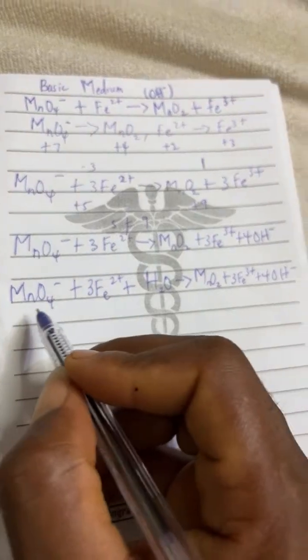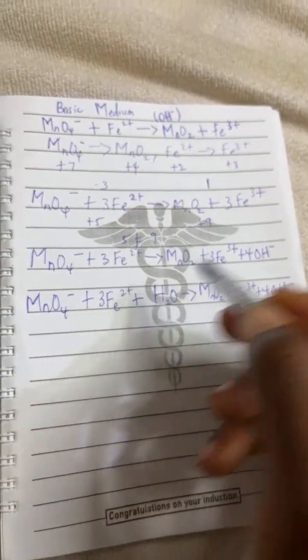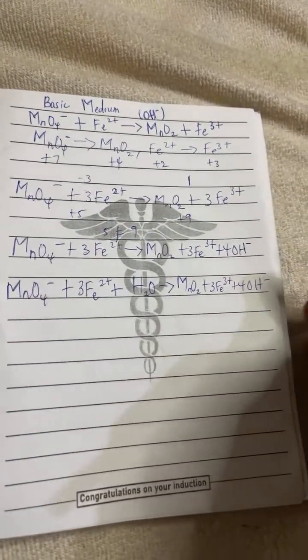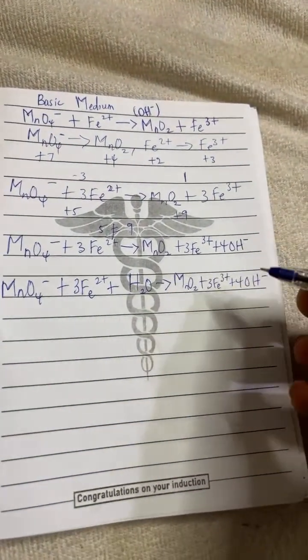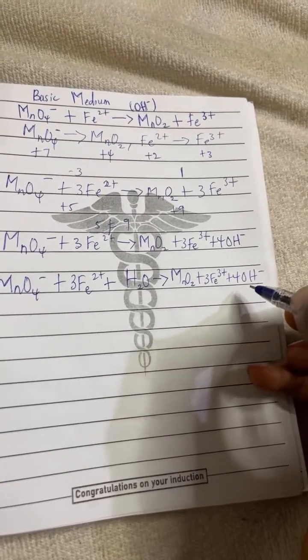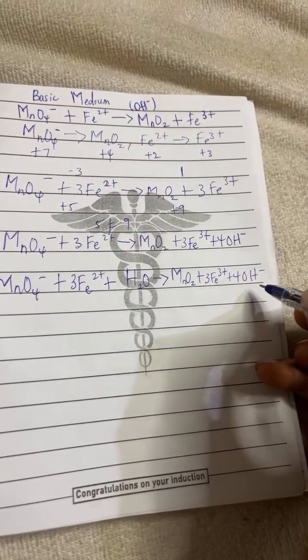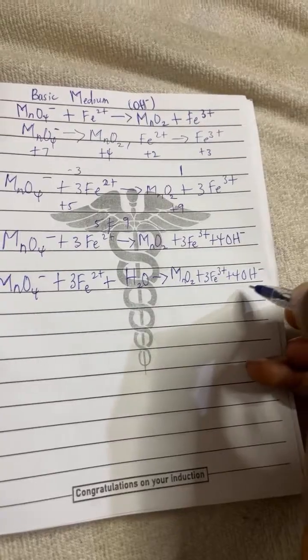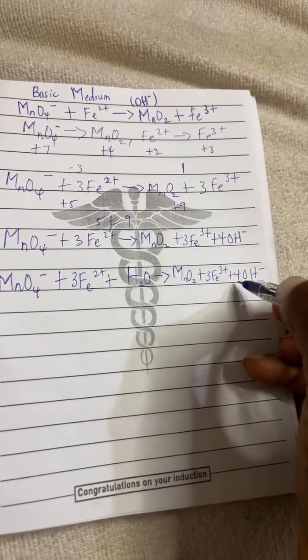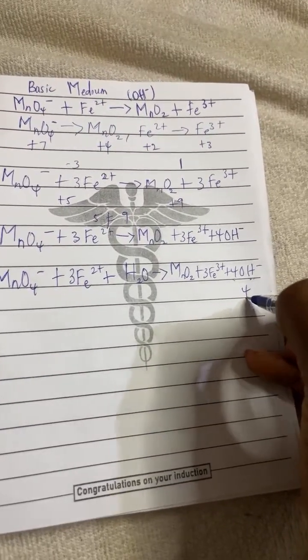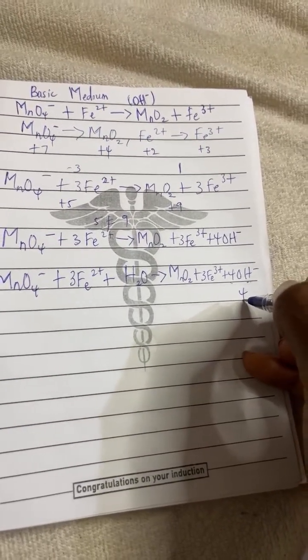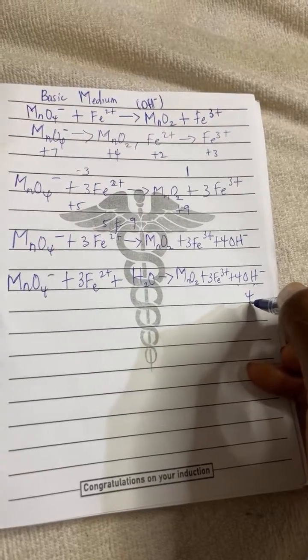At this side, how many moles of water? Let's just use our hydrogen to determine it. At the product side, how many atoms of hydrogen do we have? From this OH, 4 times 1 is 4 hydrogen atoms.